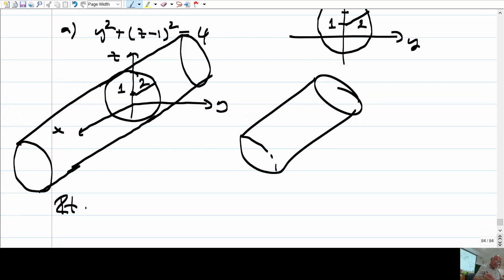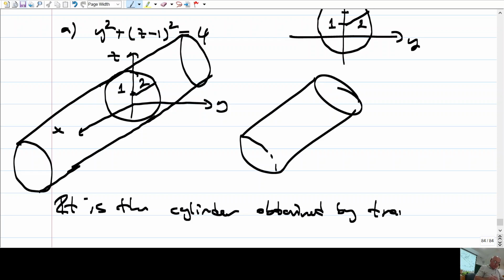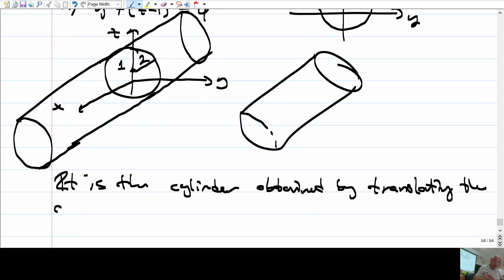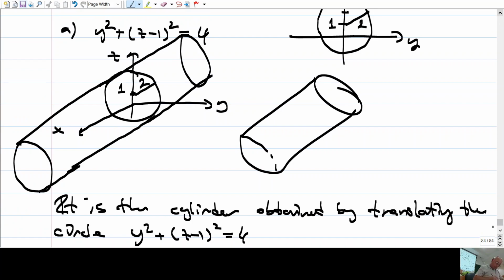It is the cylinder obtained by translating the circle y squared plus z minus 1 squared equals 4, right?